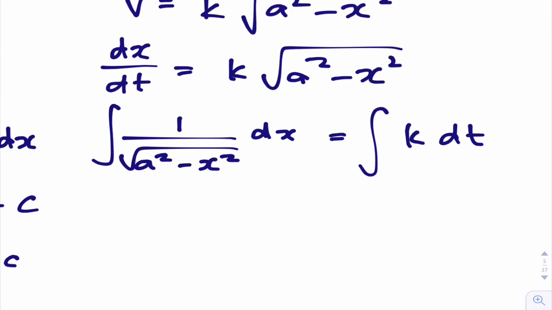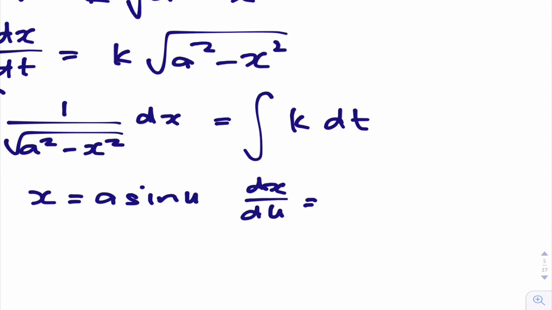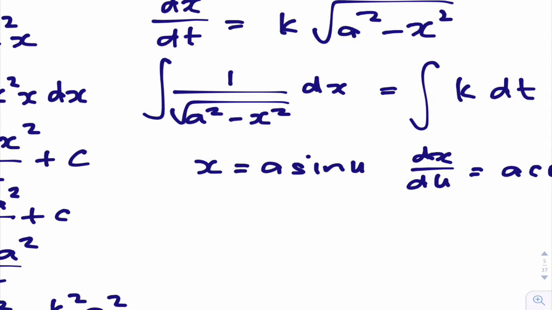Now we can use the substitution x equals A sine u. I'm not going to go through all the details, but you get dx/du equal to A cos u. If you substitute in A sine u, you've got A squared minus A squared sine squared u.